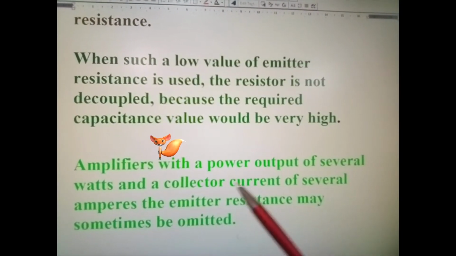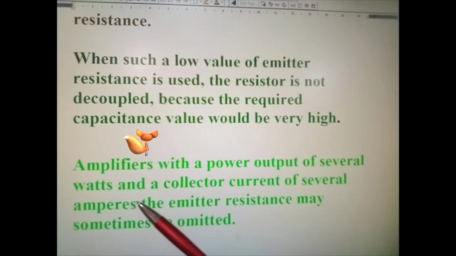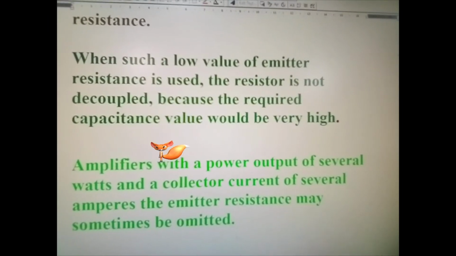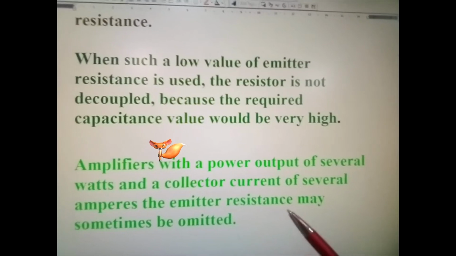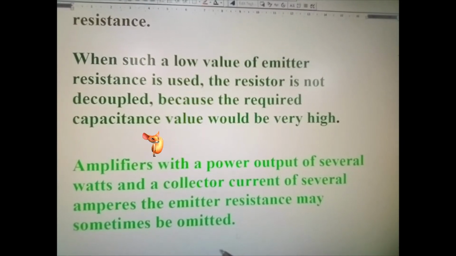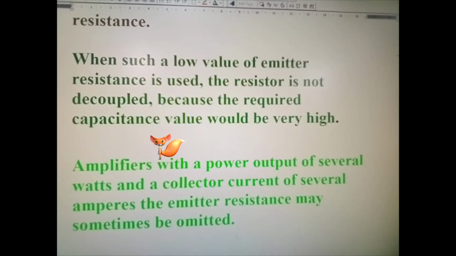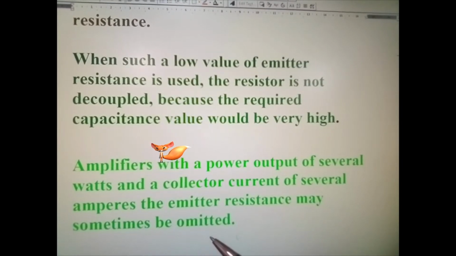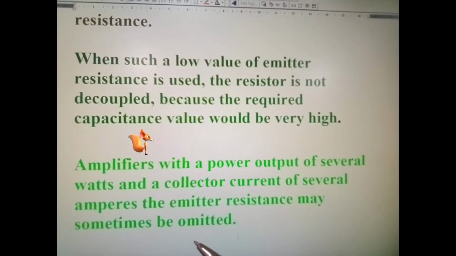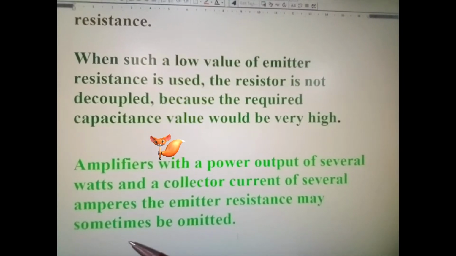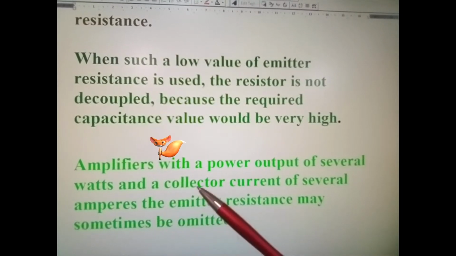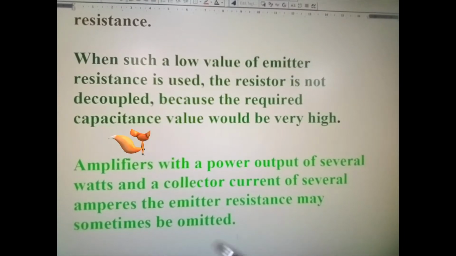For amplifiers with a power output of several watts and a collector current of several amperes, the emitter resistance may sometimes be omitted. All we're doing here is purely an example of several watts and amperes.